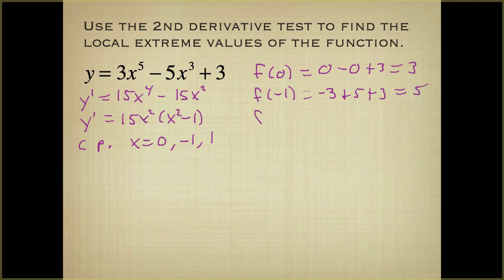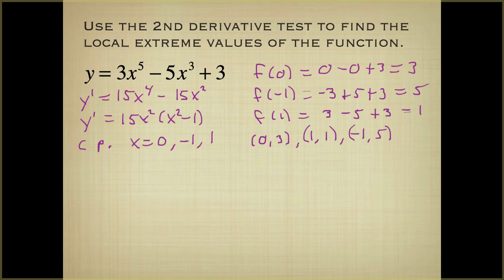And then you have f of 1, and you get 3 minus 5 plus 3, which is 1. So our points are (0, 3), (1, 1), and (-1, 5).